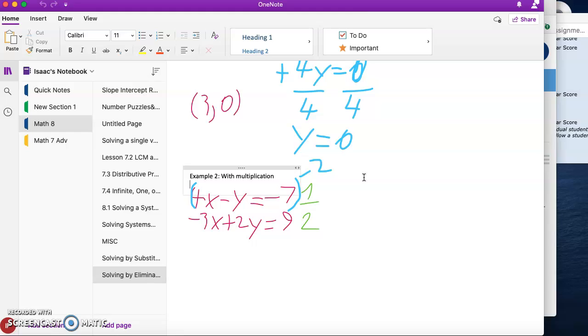So let's see. 2 times 4x is going to be 8x. 2 times negative y is going to be negative 2y, so that means minus 2y. And 2 times negative 7 is going to be negative 14. And again, I'm going to label this whole equation here 1b, because it's just a different form of equation 1.